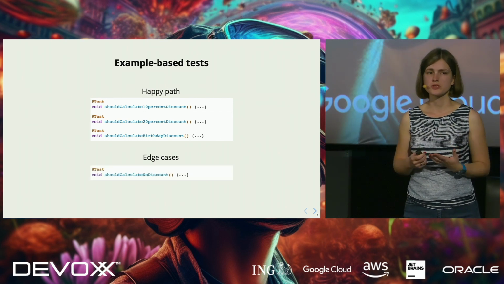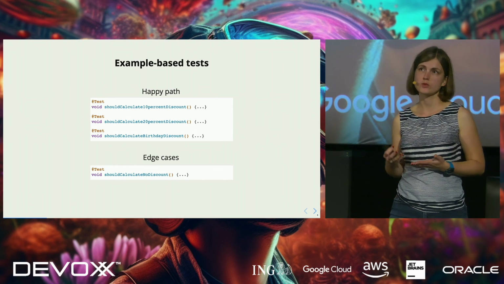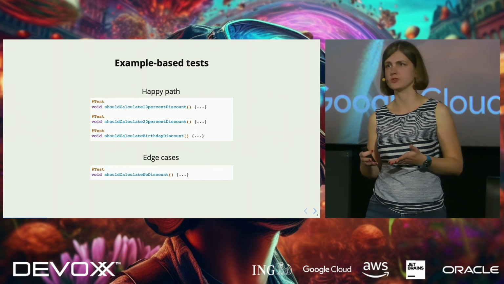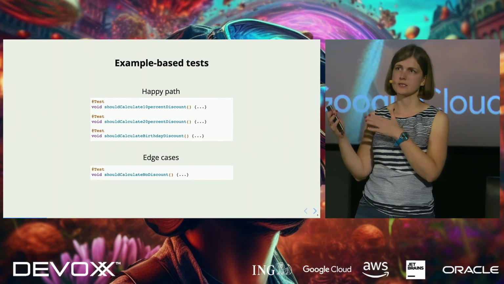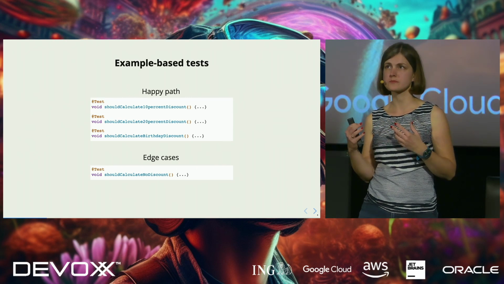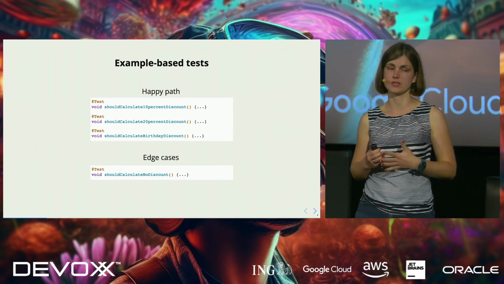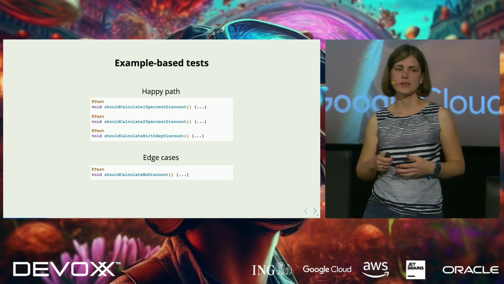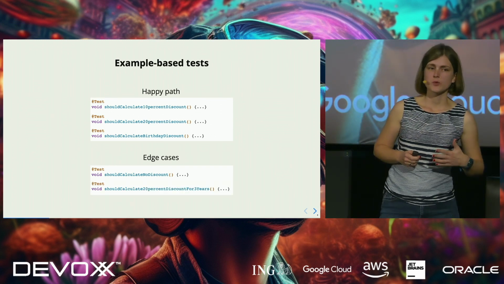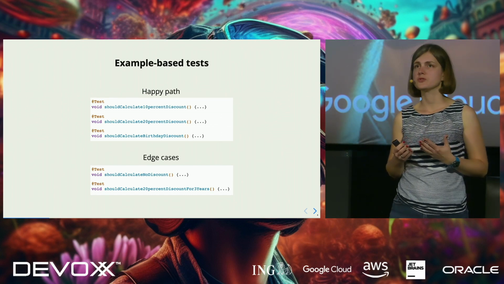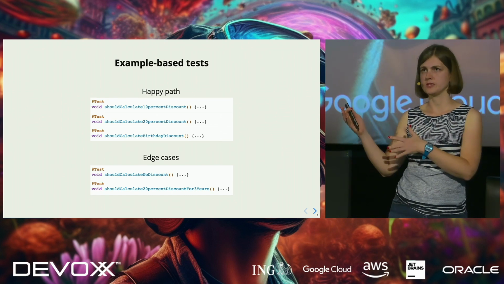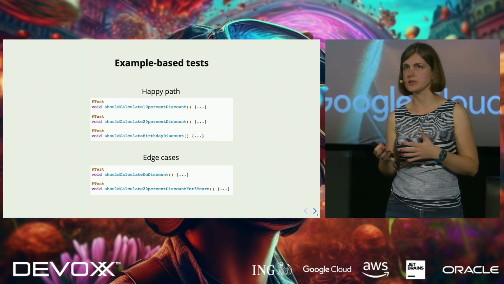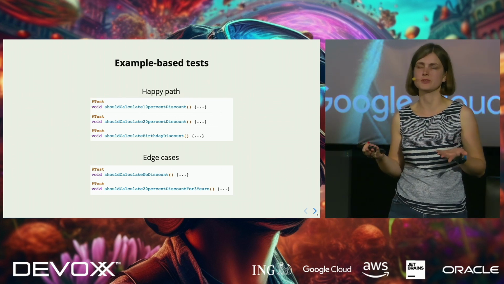Well, we could make sure that the method should calculate no discount for a customer who has joined just now. So I would prepare an instance of customer who has joined now and verify that their discount is actually 0. And we can verify the other thing on the other edge. So we want to make sure that the discount doesn't grow indefinitely, so that if the customer is with us for 10 years, they don't get 100% discount.